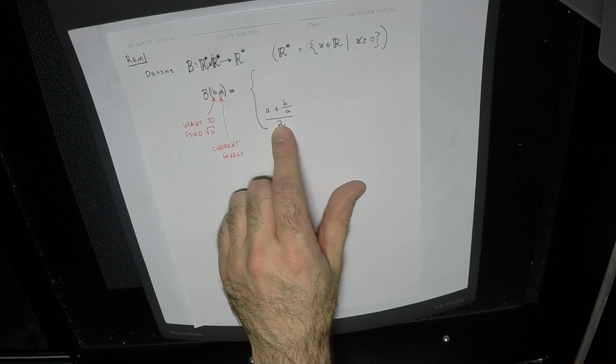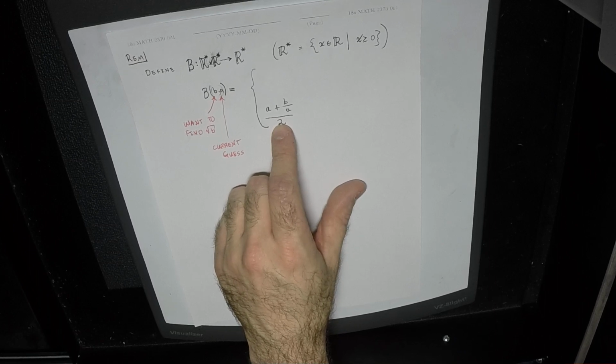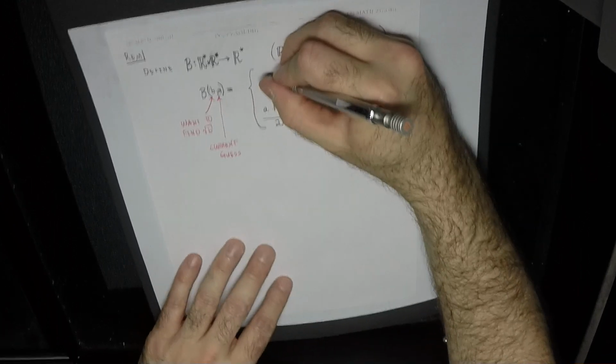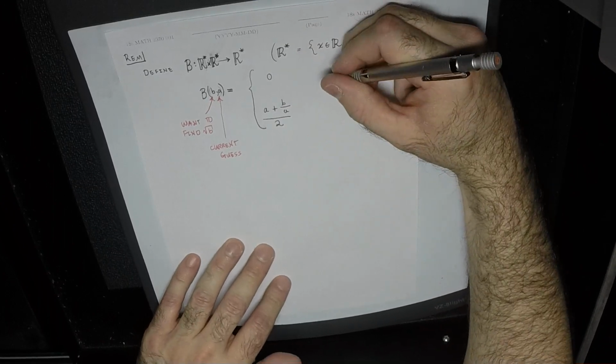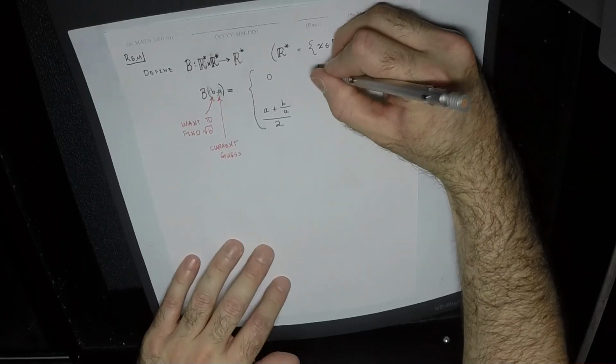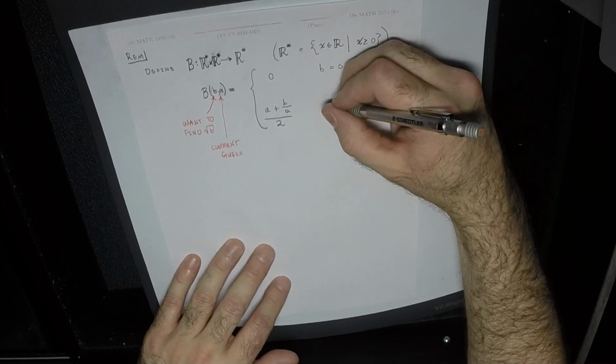So yeah, if the input is 0, what's a good guess for the square root of 0? 0. Okay, good. So we're going to say 0 in the case where B is 0. And then this otherwise.